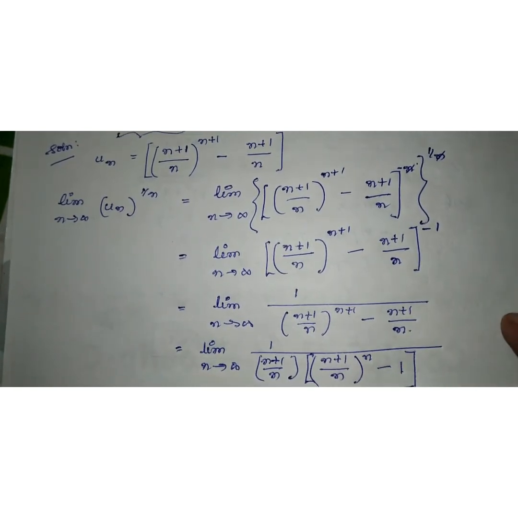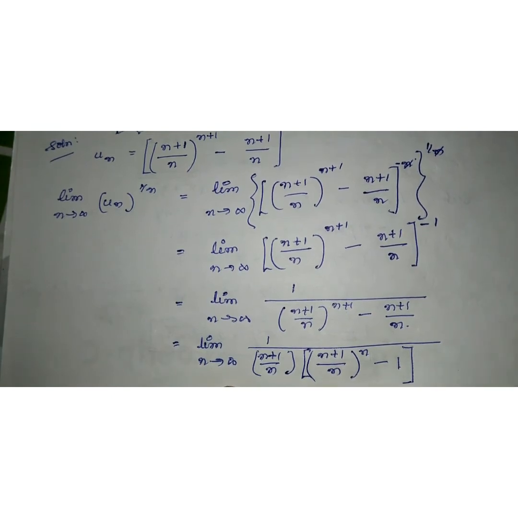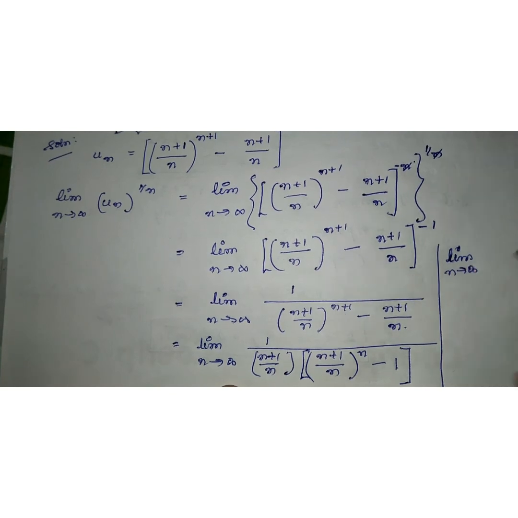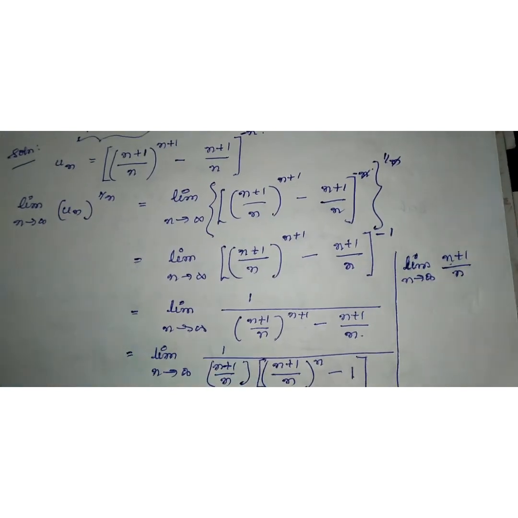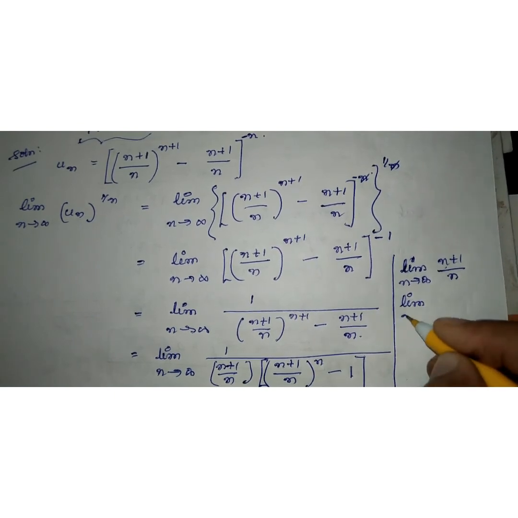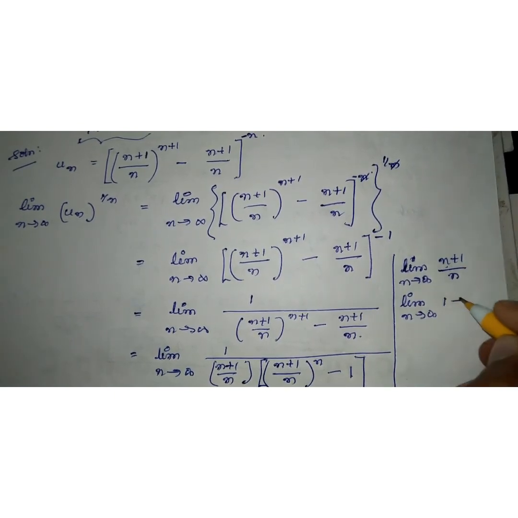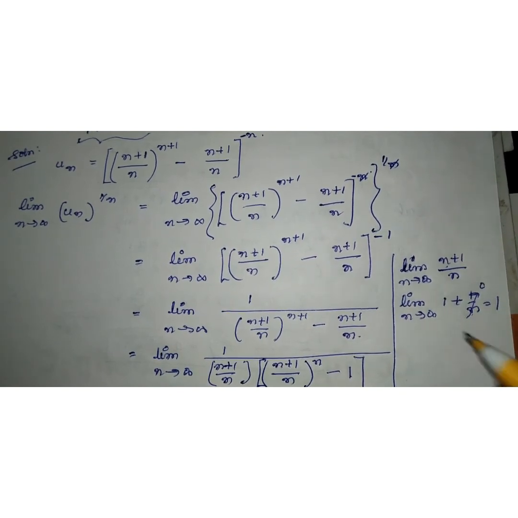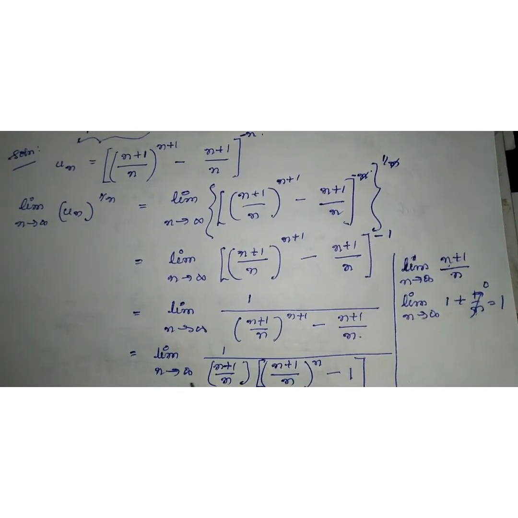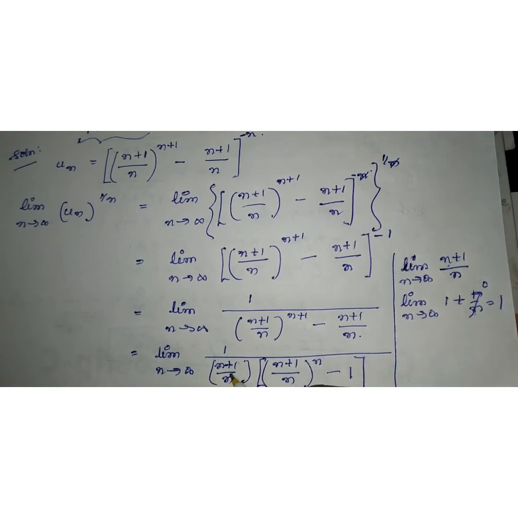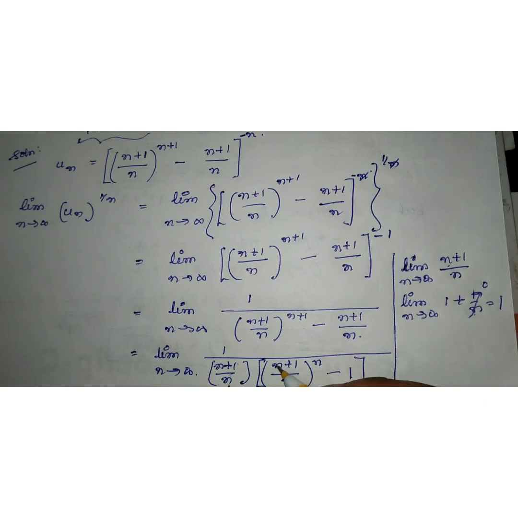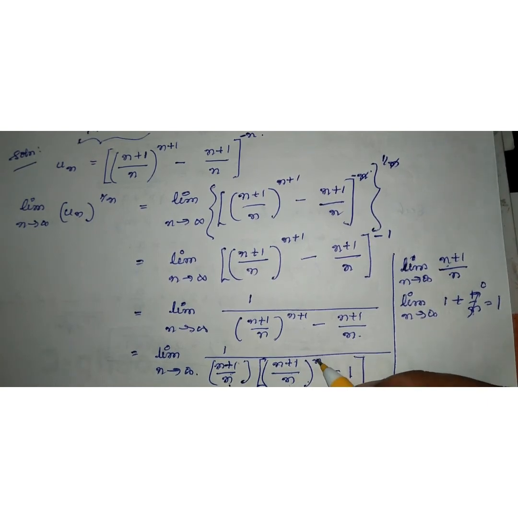So applying limits here, limit n tends to infinity n plus 1 by n can be written as limit n tends to infinity 1 plus 1 by n. So 1 by n is 0, so it is 1. So limit of n plus 1 by n is 1, and then into limit n tends to infinity (n plus 1 by n) whole power n.